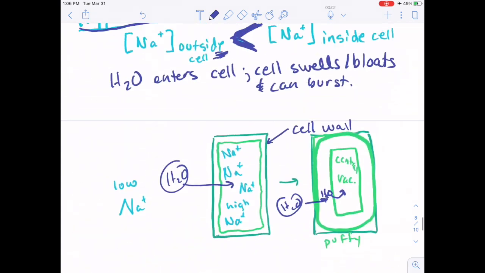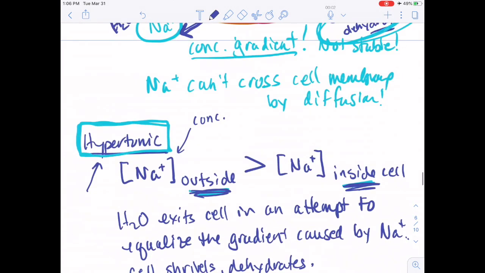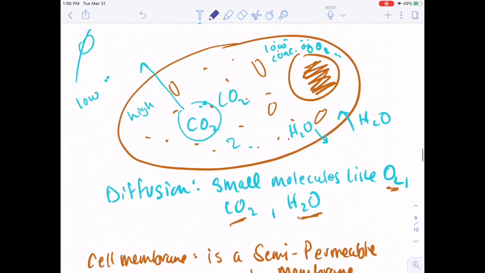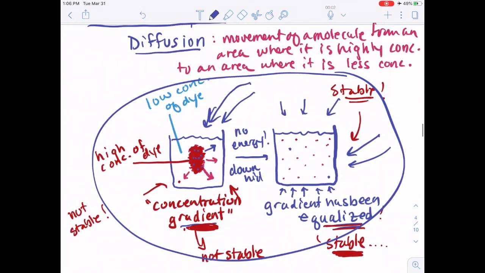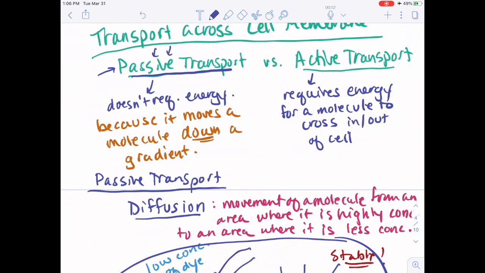If we look way back here in our notes, when we first started talking about diffusion, passive transport versus active transport, we talked about how passive transport is passive because it doesn't require energy, because it's moving a molecule down a gradient. It's equalizing a concentration gradient.